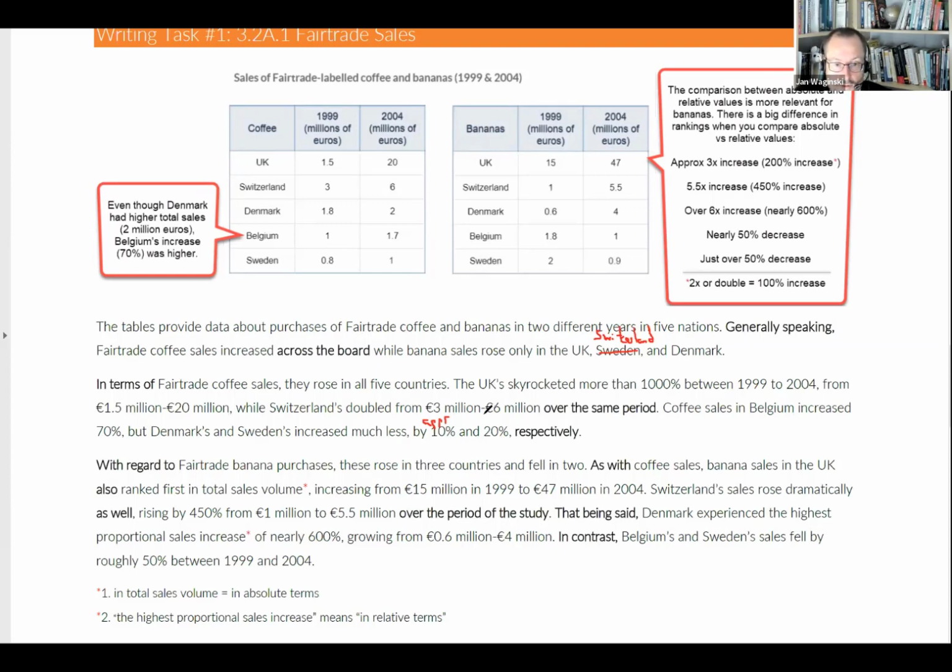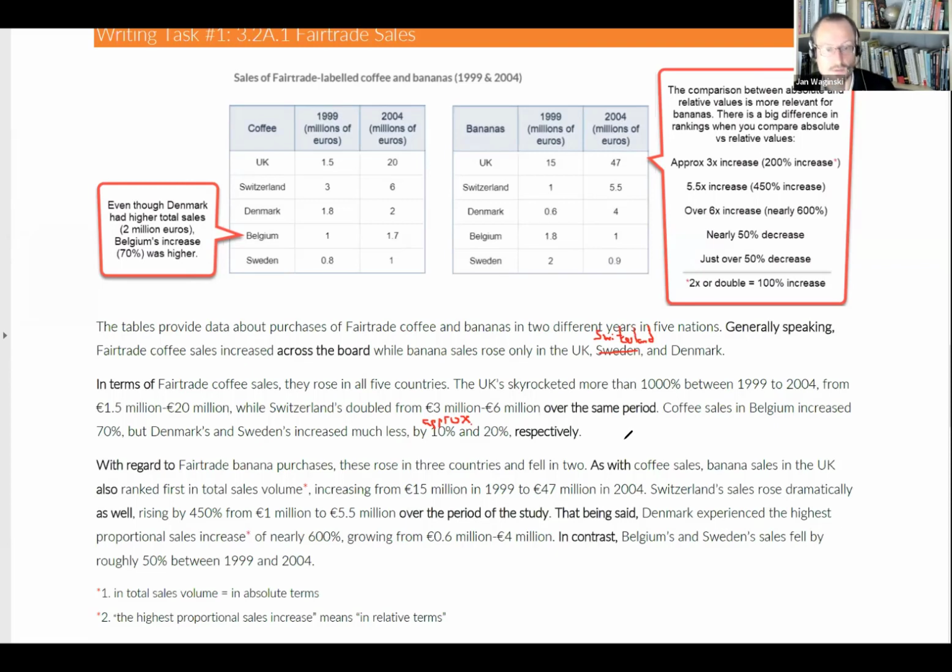Coffee sales in Belgium increased 70%, but Denmark's and Sweden's, no, that is 1.8. We said 2, right? By approximately 10% and 20% respectively. Yep.